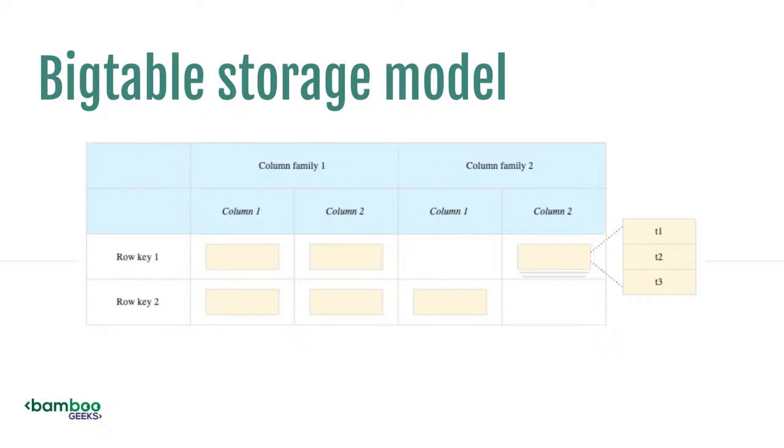But the difference is that in each column, on the wide column-based model, we can hold multiple types of data. So as you can see here in this column, I can hold an array of data that is T1, T2, T3, and T1 can also hold other values, etc.